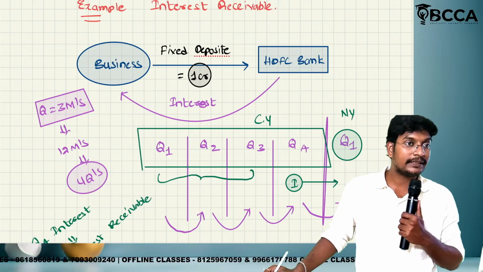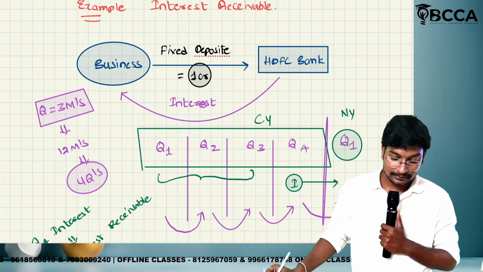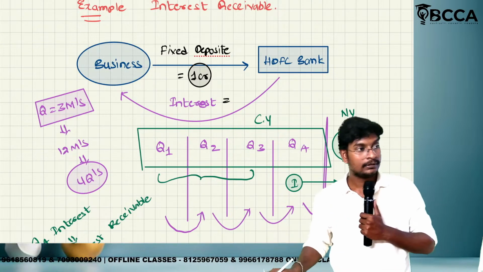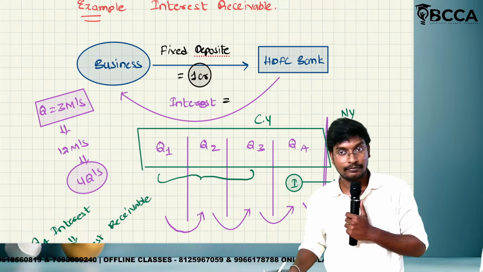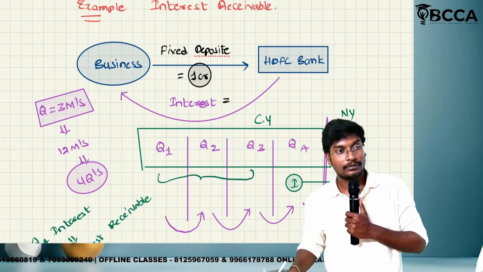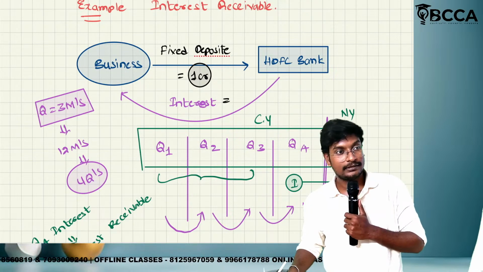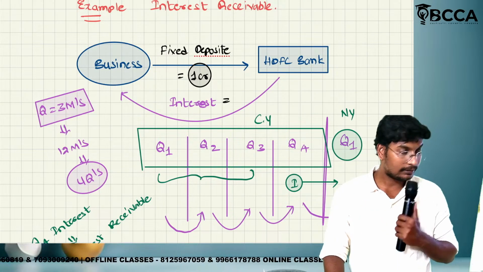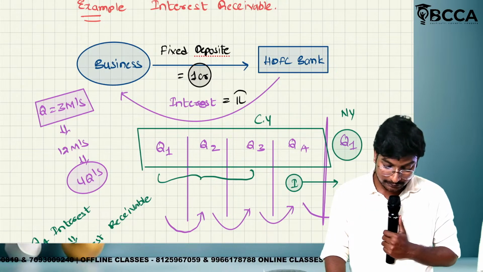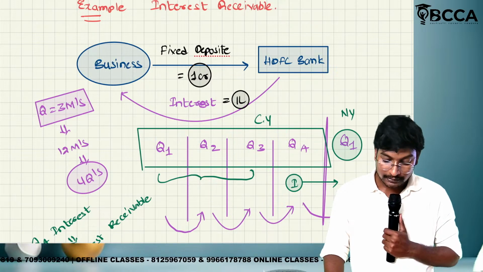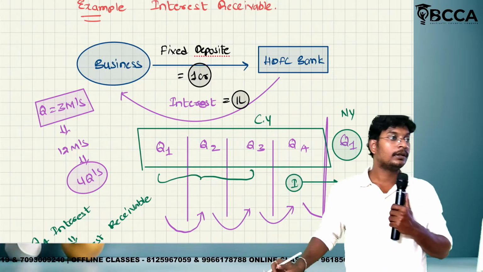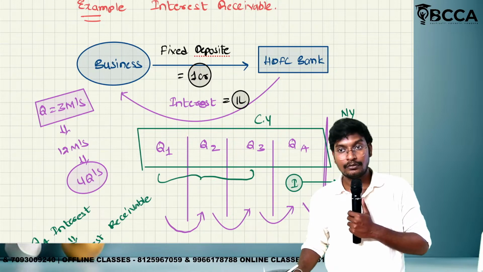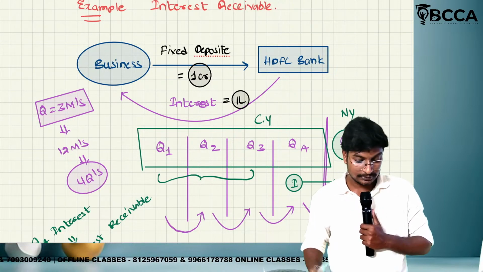How much interest do we receive in the current year? 1% of 1 crore is 1 lakh. The total interest is 1 lakh, so per quarter it is 25,000.